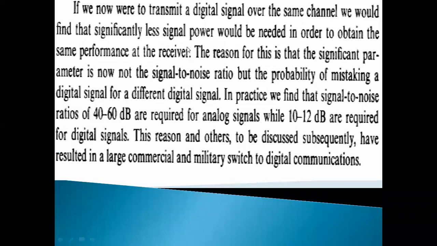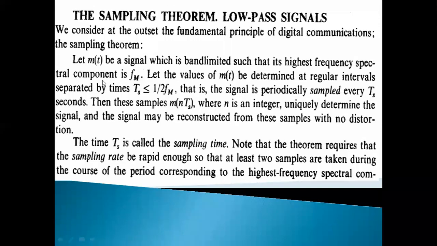In practice, you find that a signal to noise ratio of 40 to 60 dB is required for analog signals, while 10 to 12 dB is required for digital signals. For this reason you went into the digital domain. Now, the sampling theorem.